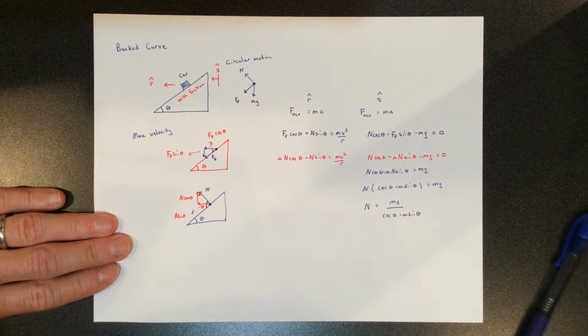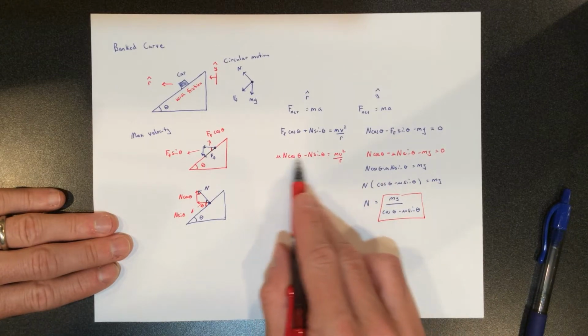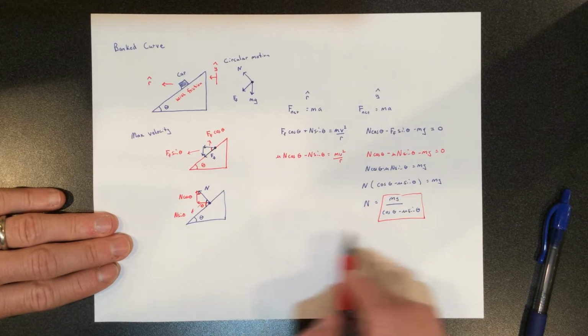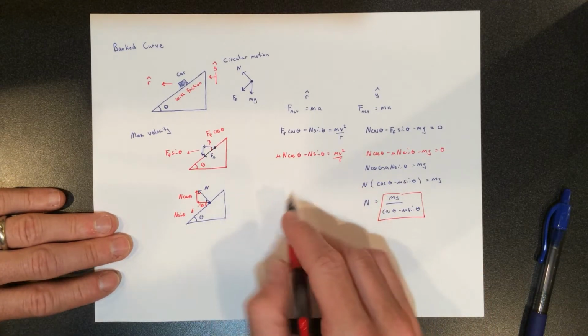Now this gets really messy, but I'm just going to take this value for the normal force and put it up here. Okay, so I'm going to take this massive thing and throw it in here, and then I'm going to simplify that.